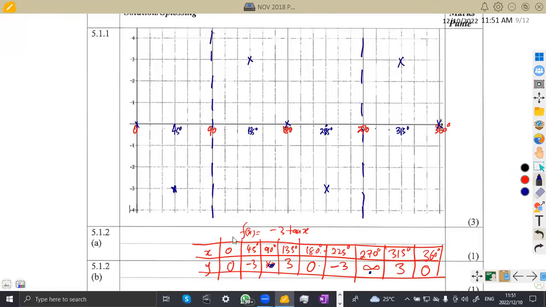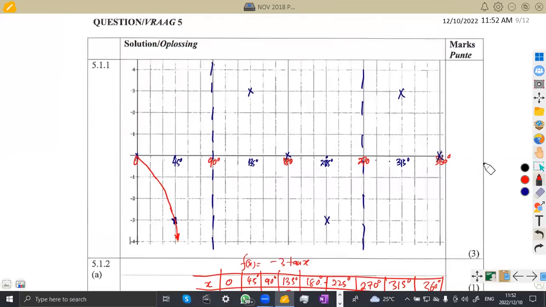So you need to know the graph, but if you do not know the graph, then you can use this concept. What you're going to do is join the points now from 0 to -3. Remember that we have got an asymptote there, so the graph is not going to reach 90 degrees. The same thing, we join these points after the asymptote.